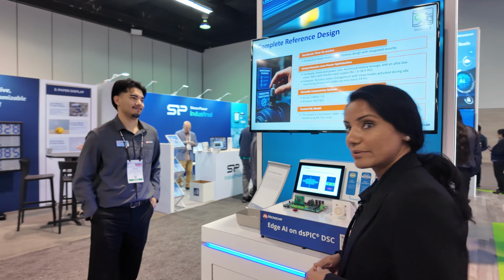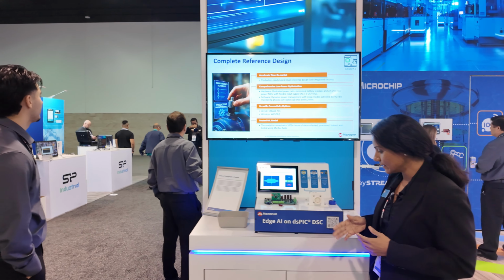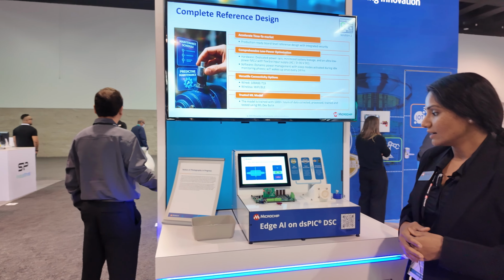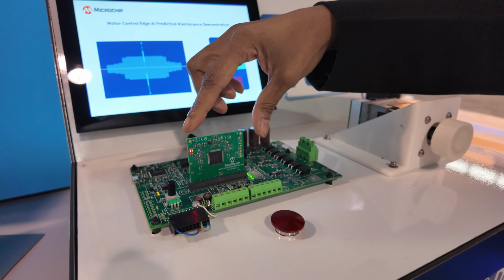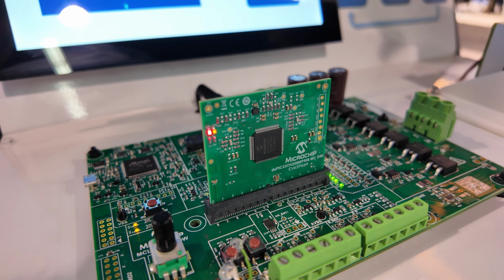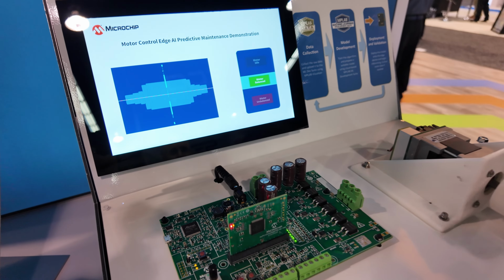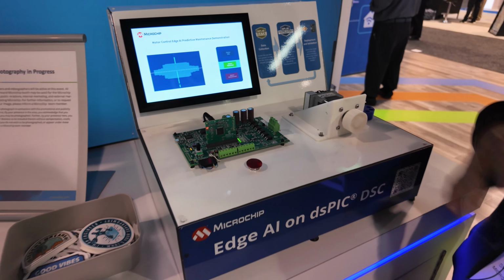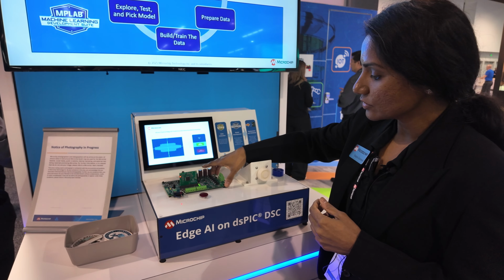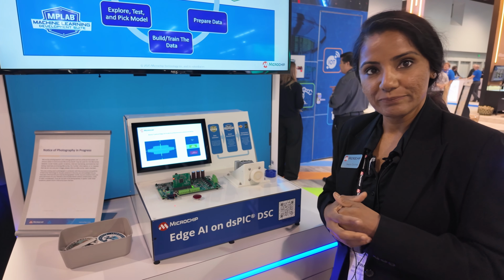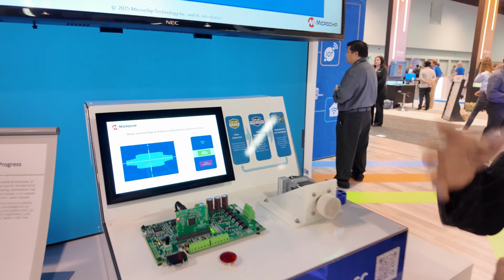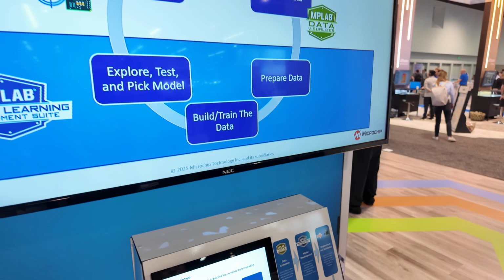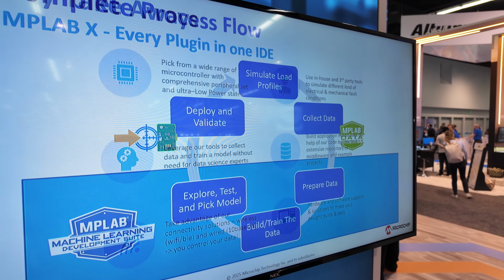So this is a predictive maintenance demo in our dsPIC DSC. It's really a 16-bit micro DSC, but you have these DIMM modules, and you can swap out different controllers. And so this control board allows you to implement Edge AI for predictive maintenance, and you can prototype different kinds of models.